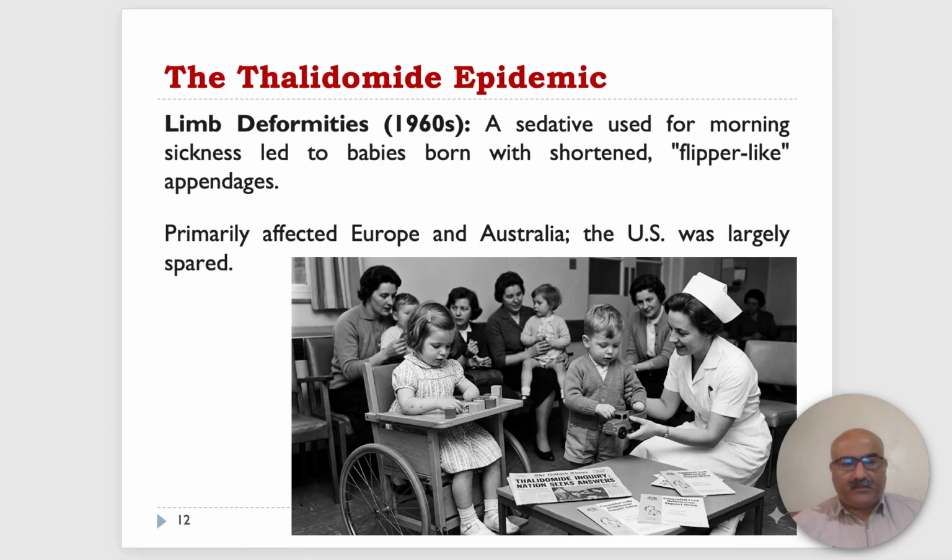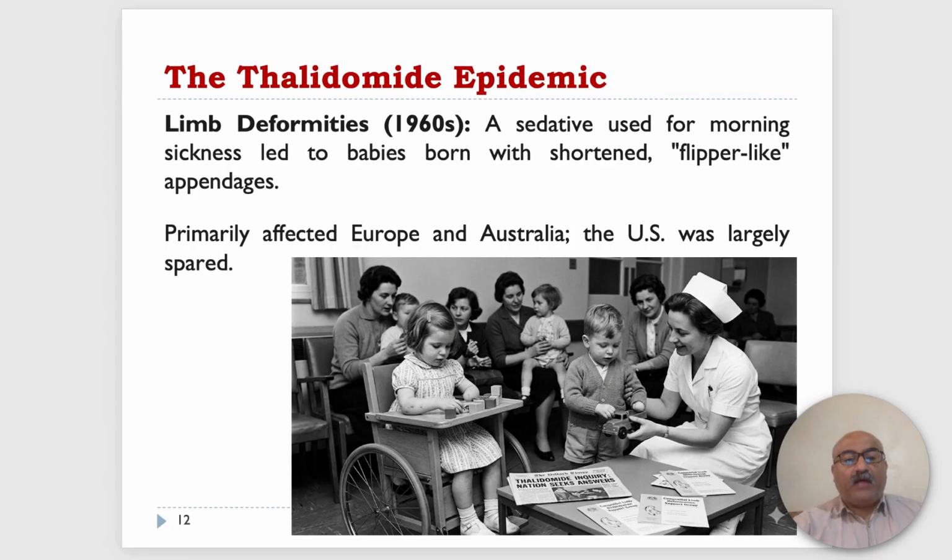Thalidomide epidemics. Chemical teratogens are not always industrial pollutants. Sometimes they come from the pharmacy. In the early 1960s, a drug called thalidomide was heavily marketed to pregnant women as a safe, effective sedative for morning sickness.